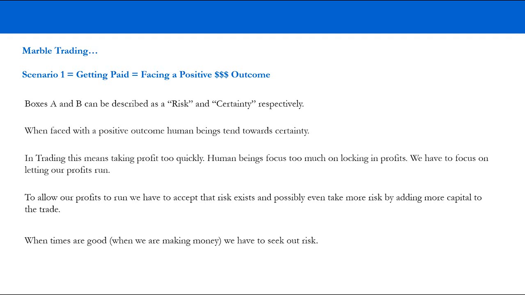And when human beings are faced with a positive outcome, human beings, in the majority of cases, will tend towards certainty.